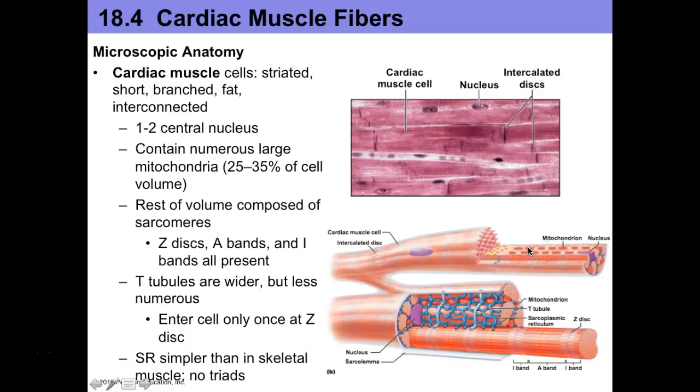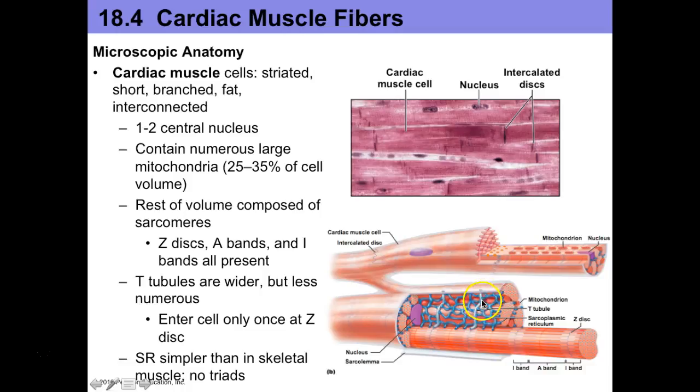That's because our cardiac muscle only relies on aerobic pathways for its contraction. Our mitochondria take up about 25 to 35% of our cell, and the rest of the volume is composed of our familiar Z discs, which you can see here in the light blue, our A bands spanning from here to here, and our I bands would be the lighter portions.